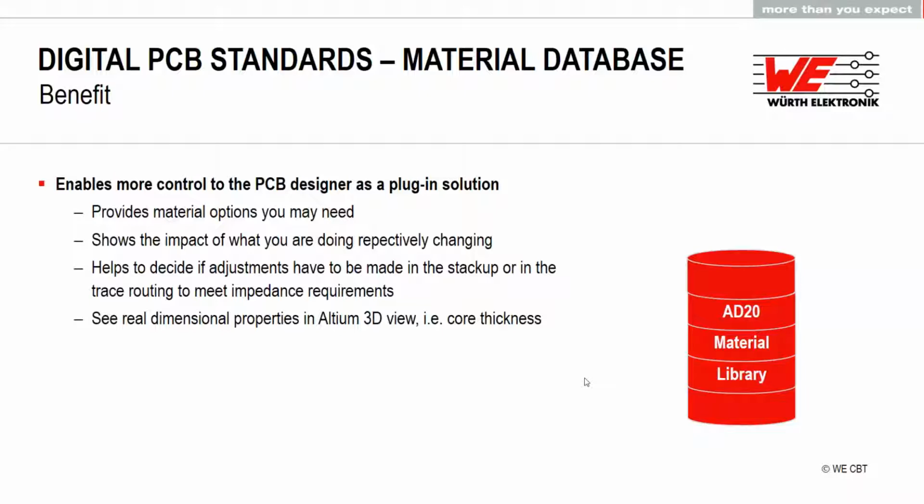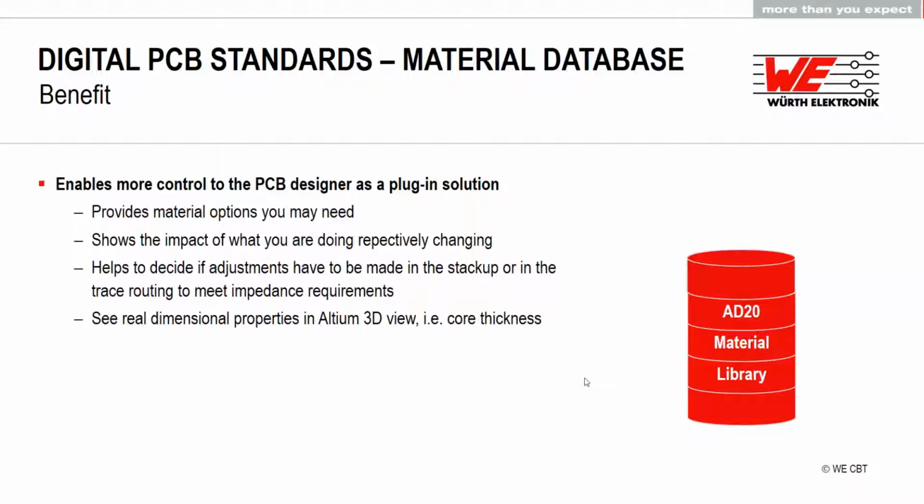As you can see, there are only certain thicknesses available in cores and prepregs, so not every value is available. So finally, you have to decide on a prepreg or a core and a copper thickness, and then you have to adapt or adjust your trace routing to meet impedance requirements.